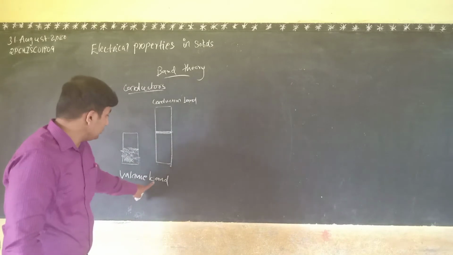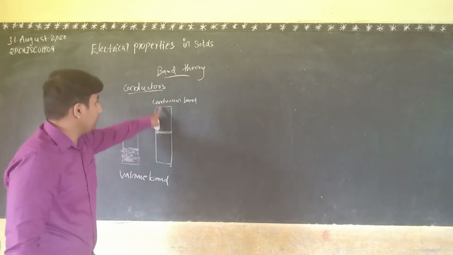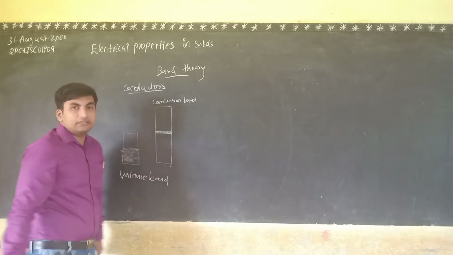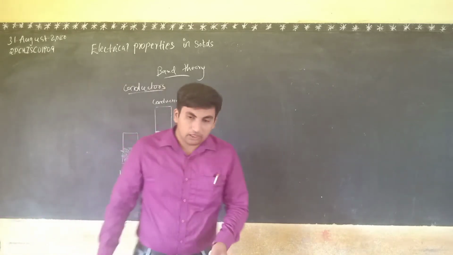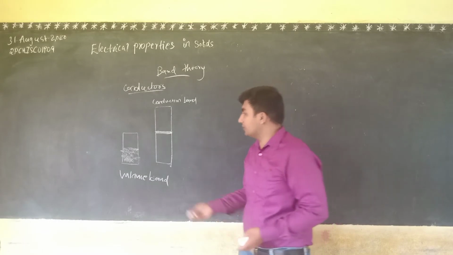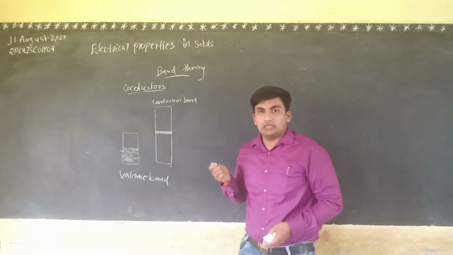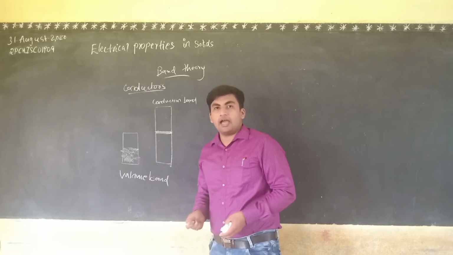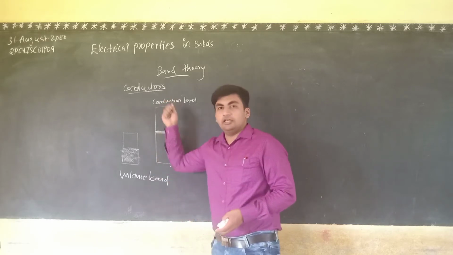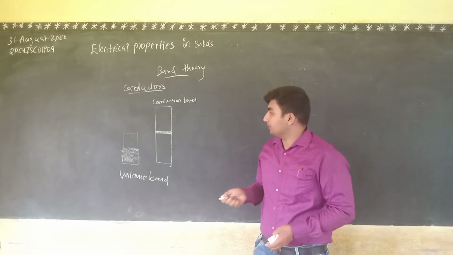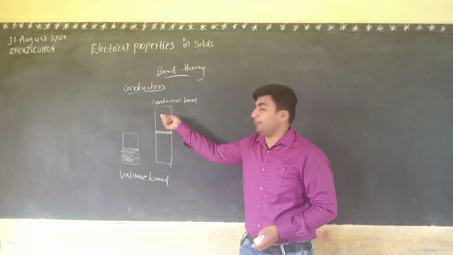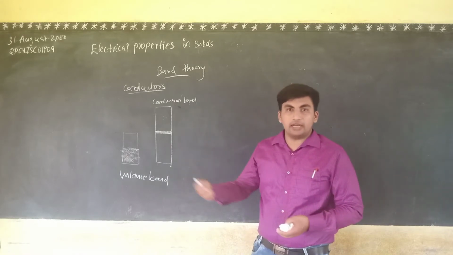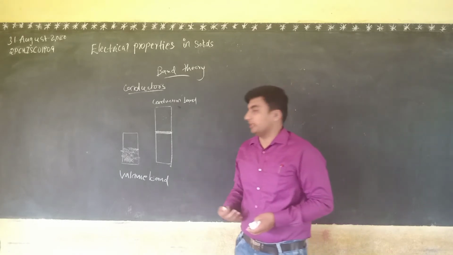If we heat or increase the temperature, electrons in the valence band jump to the higher energy state, that is the conduction band. Electrons jump to the conduction band and it conducts electricity.